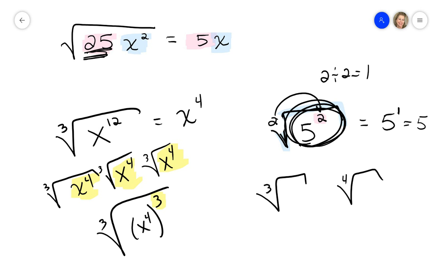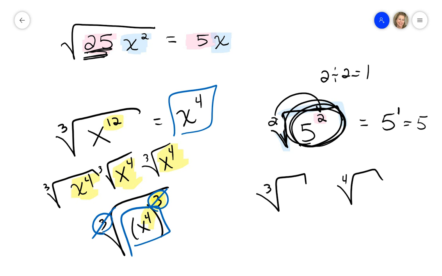That's this 3. X to the 4th cubed. Because 4 times 3 is this 12, if you went backwards. And this 3 and this 3 cancel each other out, and you're just left with the x to the 4th. So the variables, that works.